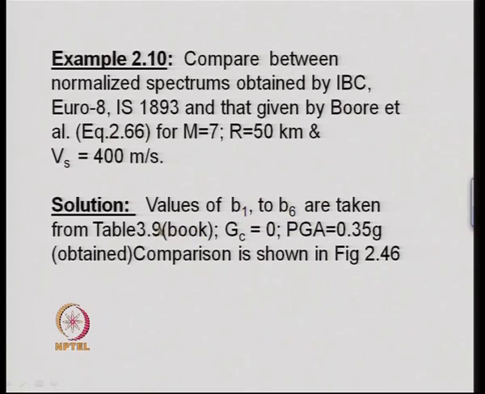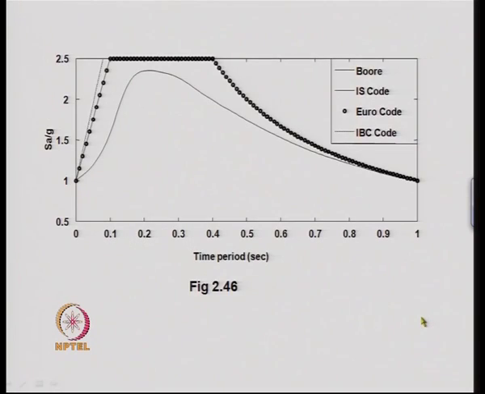These constants were taken from table 3.9 given in the book, and GC is equal to 0 and PGA was taken as 0.35 g, that is, the spectrums were normalized with respect to 0.35 g. And this is the comparison which we see.